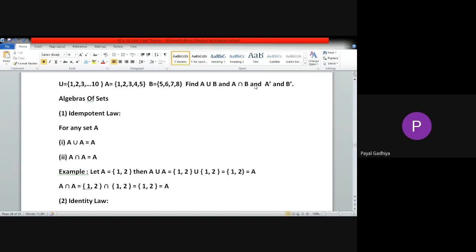Whatever you are writing, mention what you have written this answer for. Everyone has to write down A intersection B first.